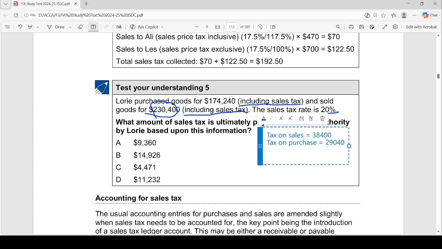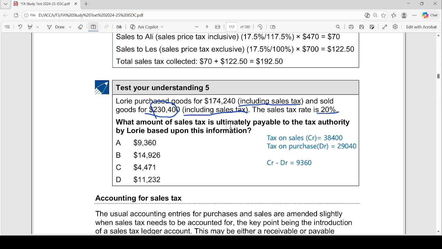This is credit side, this is debit side, right? And credit side less debit side equals 9,360. This means we have the liability of 9,360 payable. Yeah, and the answer is A.